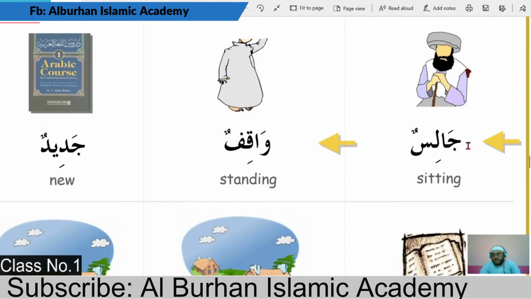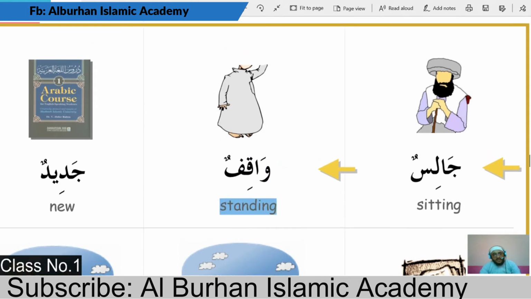Next, jalisun. Jalis used for sitting, just like she's sitting, he's sitting. Waqifun. Waqif used for standing. Jadidun.